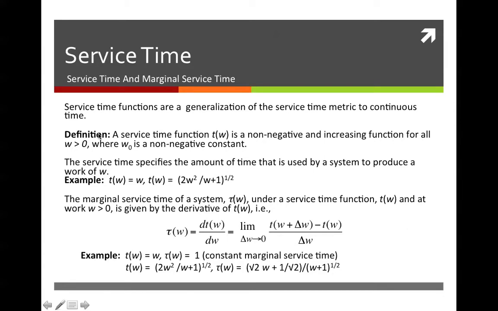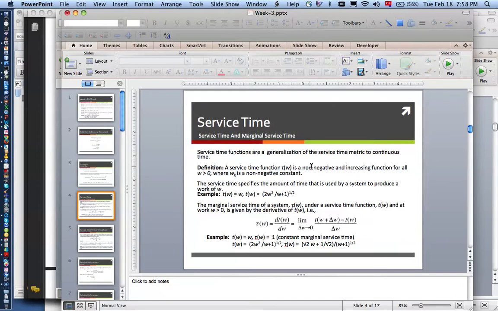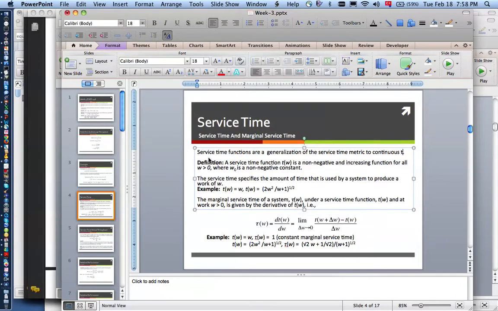Service time itself is in a way an amount of time that varies with work. So I should really not say continuous time. I just have to fix this: continuous work, not time. That's the only way this will make sense.